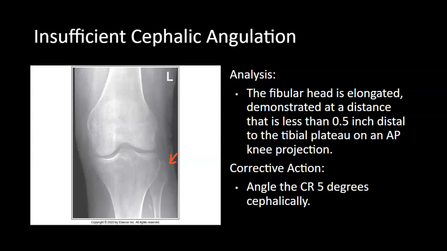So our central ray was actually angled too caudally, and we need to redirect that central ray towards the direction that the head basically went in. And so we're going to angle the central ray 5 degrees cephalically to correct this central ray angulation.